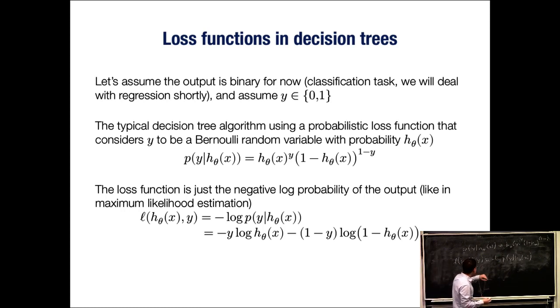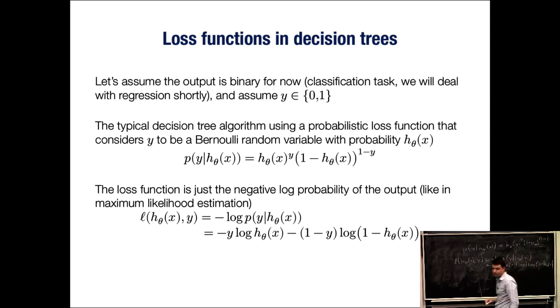And by the way, I should also write that if we just expand this, it is equal to y log h_theta(x) plus, or the negative, sorry, the loss is a negative log probability, so it's negative there. Minus (1 minus y) log(1 minus h_theta(x)).